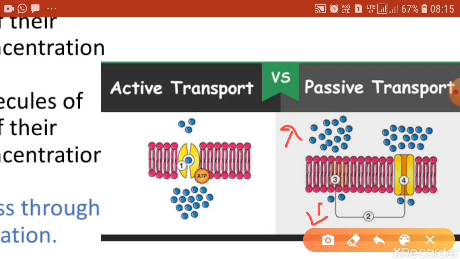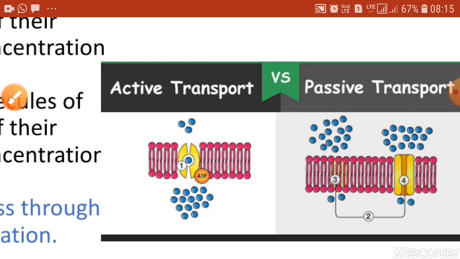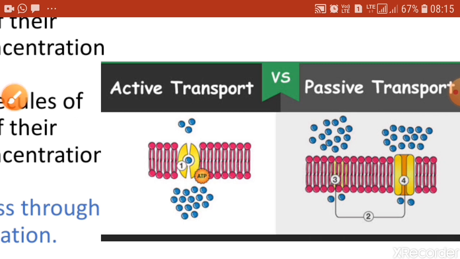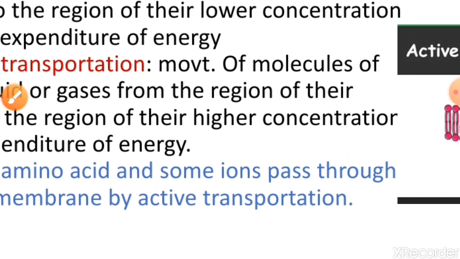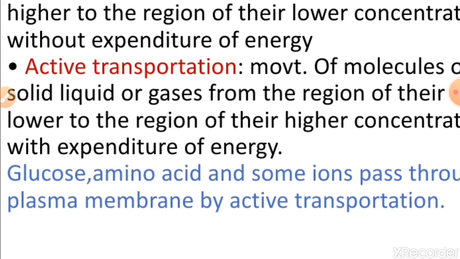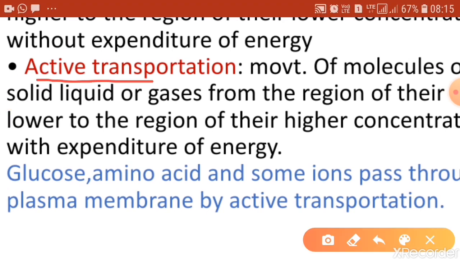So when molecules are moving from the region of higher to lower concentration, the cell does not spend any energy, and as the cell does not spend energy, that type of transportation is called passive transportation. There's another type of transportation that also occurs across the membrane, and that is called active transportation.